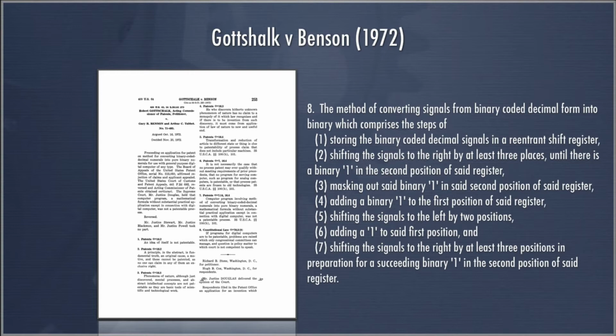The second animating principle that comes through when you read Gottshalk is concerns about novelty. I mean, this concept, this idea that you could convert from one numbering system to another is potentially not novel. Now, arguably, that's what Section 102 is for, or even Section 103.